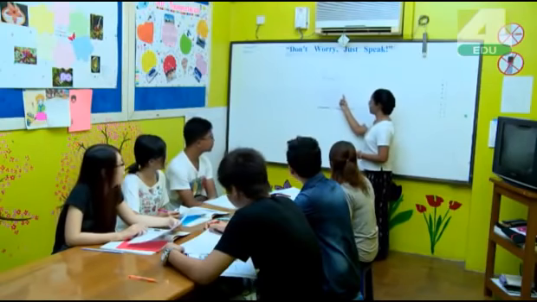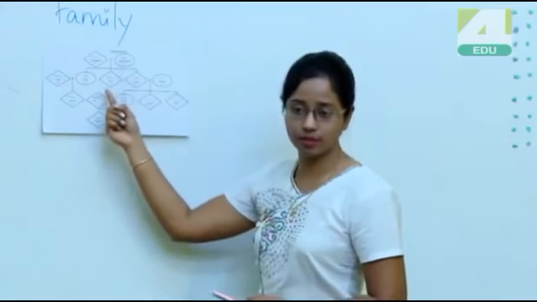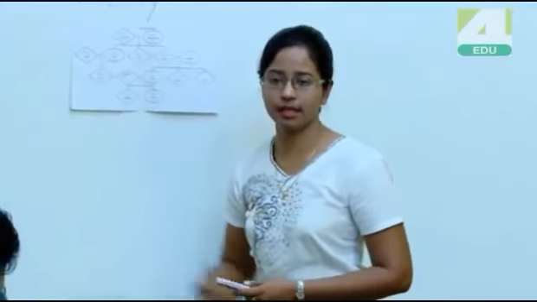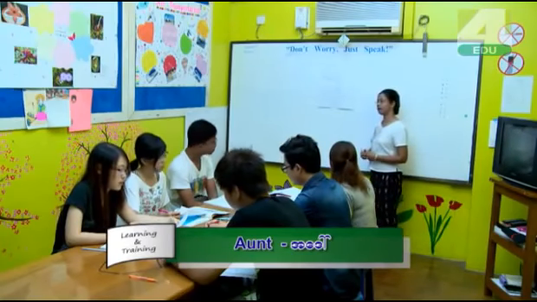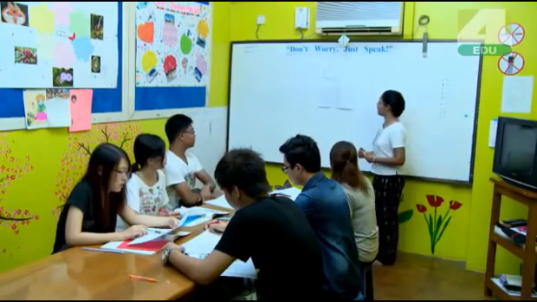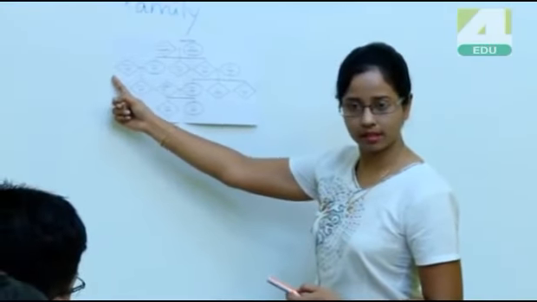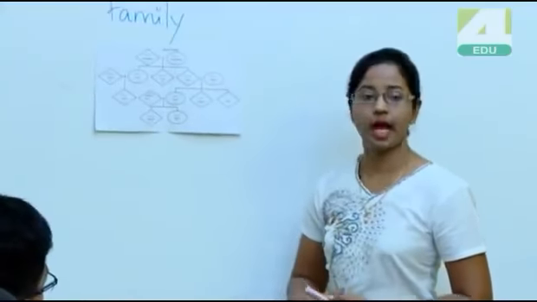Okay, so good. So Steve's father's sister is Steve's aunt, right? So what is it called in Myanmar? Right? Okay, so Steve's aunt's husband. This is called husband. So this is Steve's uncle, right?